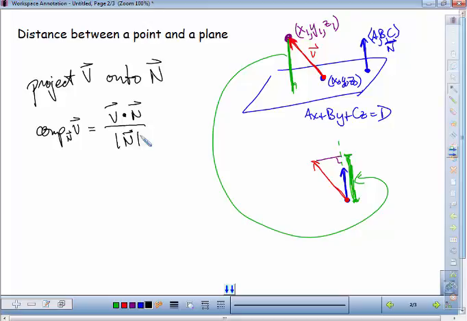Hold on. Couldn't you, oh, let's also take the absolute value. Couldn't you what?